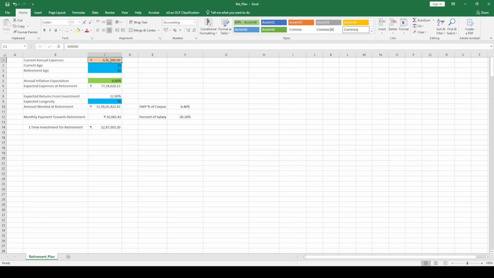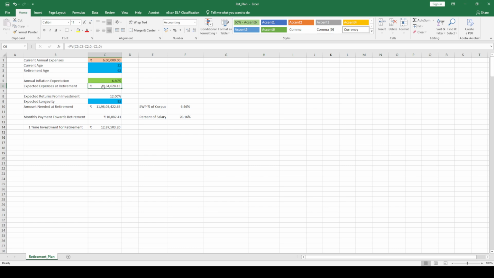If you're spending 6 lakhs a year, this is just a basic assumption. You could put in whatever number you want. For the sake of simplicity, I've put in 6 lakhs. Somebody who's earning 6 lakhs a year will need 77 lakhs a year to be able to fund the same level of lifestyle 40 years from now, based on the inflation figure.